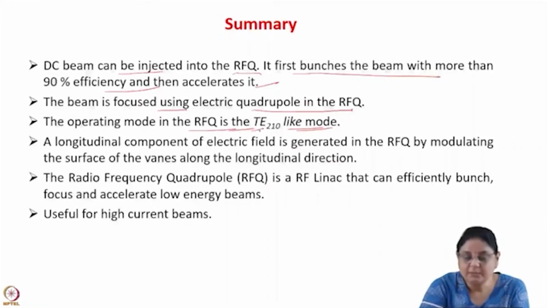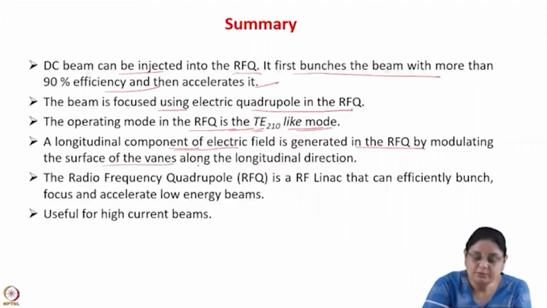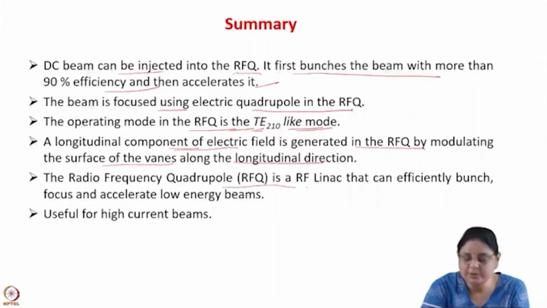Since it's a TE mode, there is no EZ component of the field, which is required for acceleration. So the longitudinal component, or the EZ component, of the electric field is generated in the RFQ by modulating the surface of the vanes along the longitudinal direction. The RFQ is an RF linac that can efficiently bunch, focus and accelerate low energy beam.